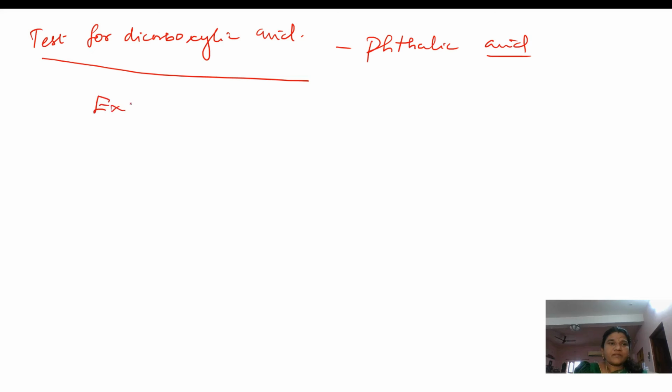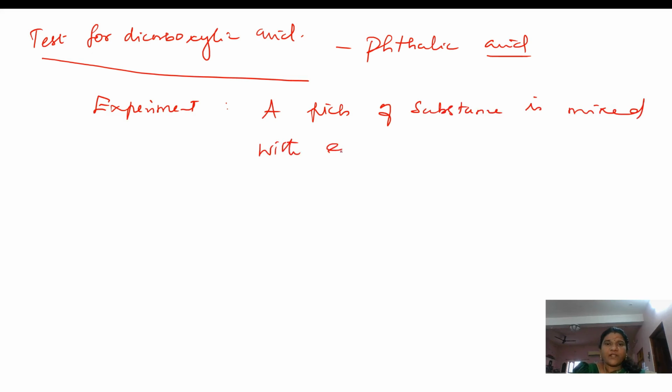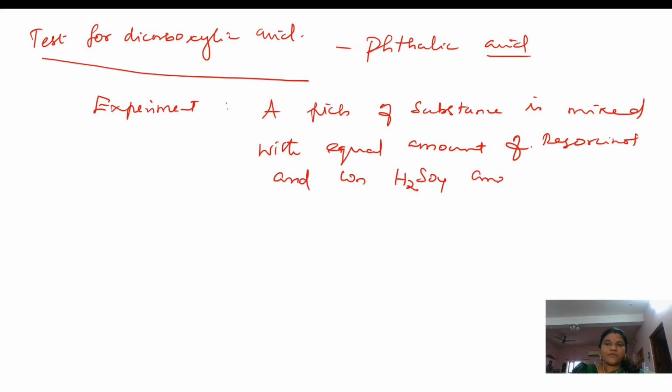In this experiment, a pinch of the substance is mixed with an equal amount of resorcinol and sulfuric acid, and it is boiled.